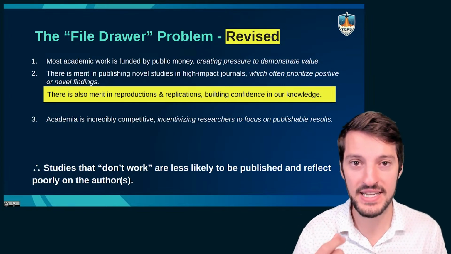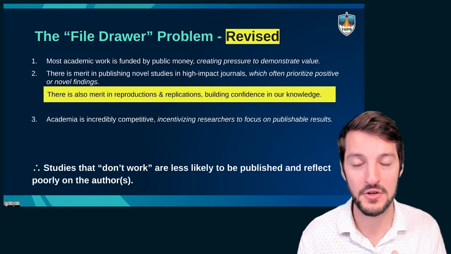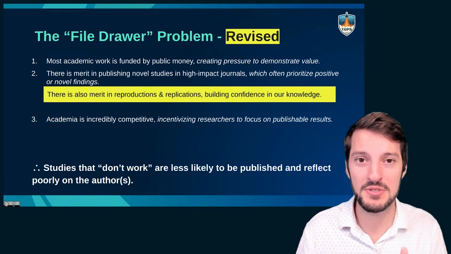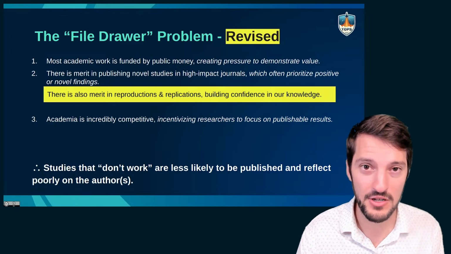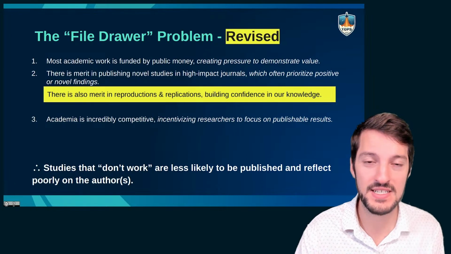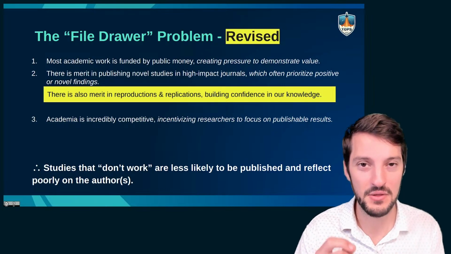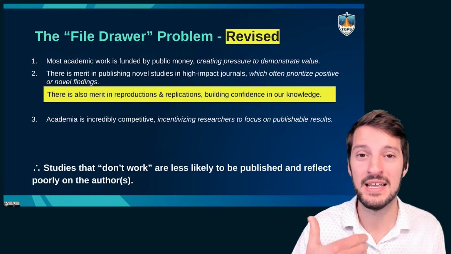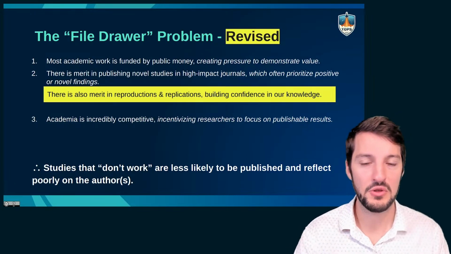And if somebody has a replication or reproduction of another author as part of their CV, then they absolutely deserve to be considered for their work, because they are showing an academic rigor and a thoroughness or a thoughtfulness in their work, such that if they are skeptical about something, they are really going to tear it apart or really dive into it until they know without a doubt whether something is likely to be true or likely not to be true. On to our third point.